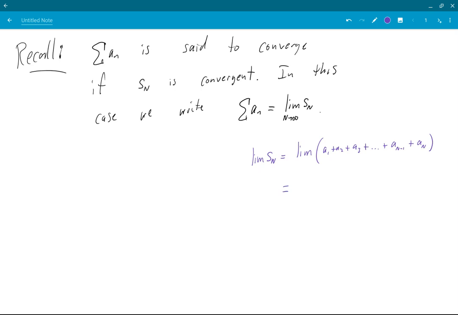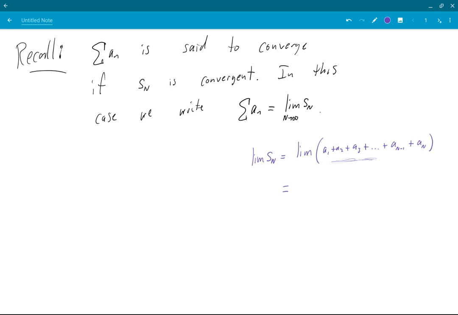So again, Sn is the sequence of partial sums. S3 would be just the first three terms, S4 would be the first four terms, S5 would be the sum of the first five terms.